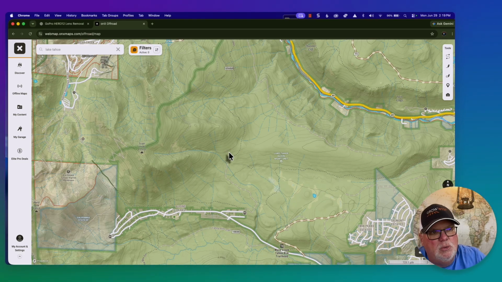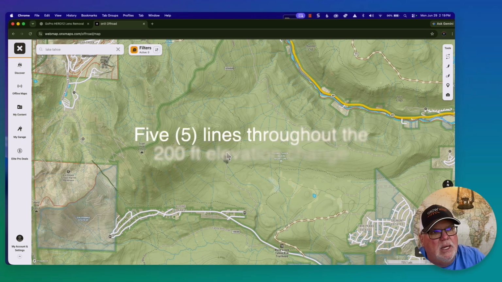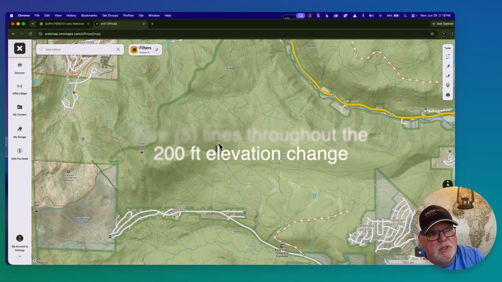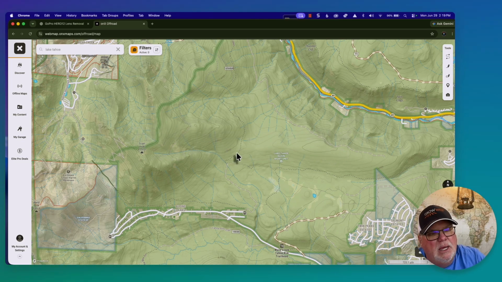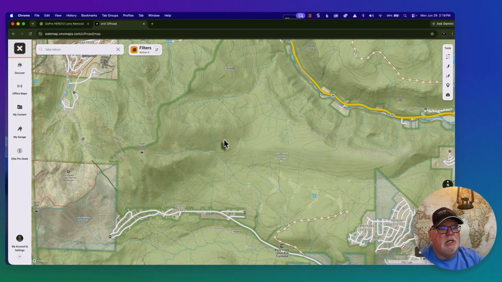That's a difference of 200 feet over 5 lines. All you do is divide. You take 200, which is the difference between 74 and 72, divide by 5, which is the amount of interval lines, and you get the magic number 40. 40 is a standard contour interval, but you always want to make sure because some of them are 50. So there you go. The interval contour lines on Onyx, at least at this level, are at 40 feet.